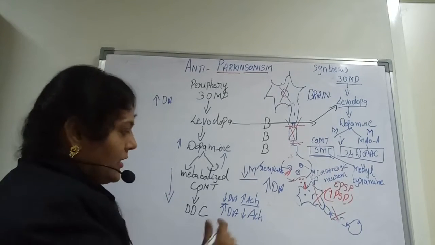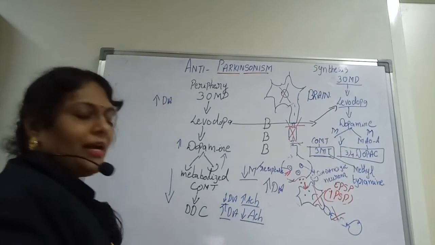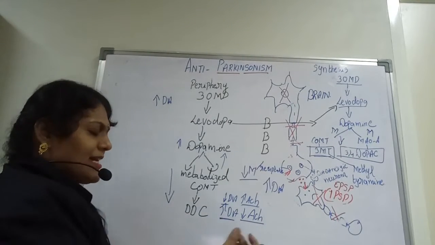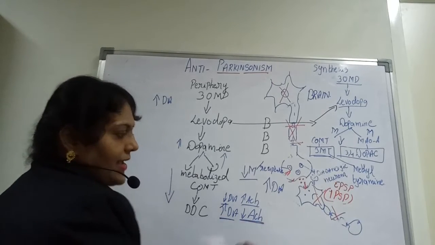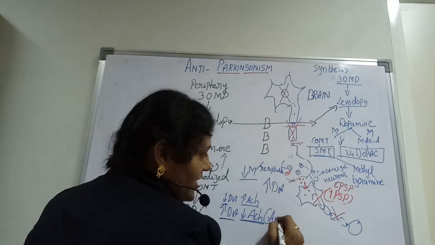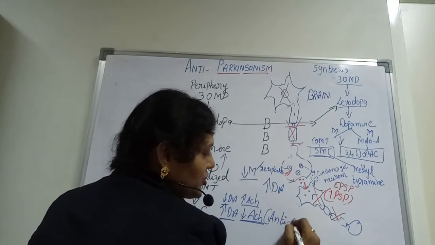Whatever the method, the work is the same. Some types of drugs are used to increase dopamine, and some drugs are used against acetylcholine, and they are called anti-acetylcholine or anticholinergics.